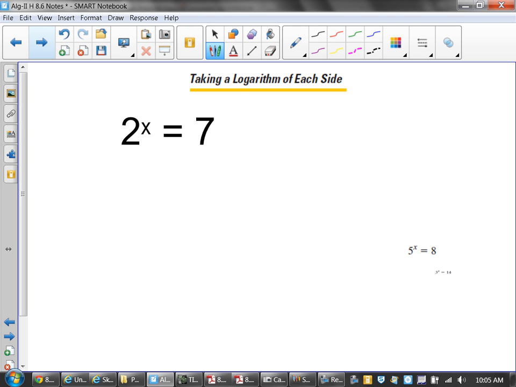So in order to get that x to fall out, I have to take the log base 2 of the 2x, and it has to equal the log base 2 of 7. And then x equals log base 2 of 7. But what does that equal? A number. A number, all right? An irrational number.